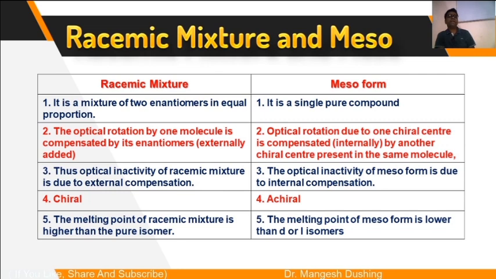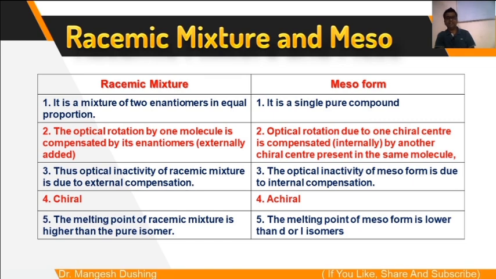The third point is that the optical inactivity of a racemic mixture is due to external compensation, while in the meso form it is internal compensation. External compensation means a mixture of two compounds, while the meso form has internal compensation. A racemic mixture is chiral because it is a mixture of two chiral compounds, while the meso form is achiral, a single molecule which is optically inactive.